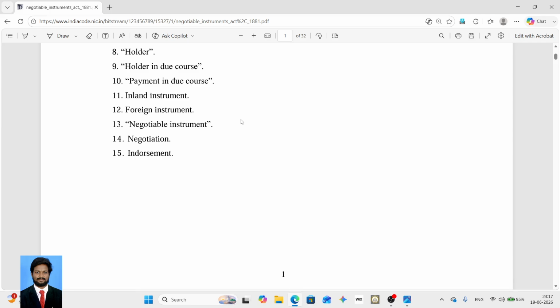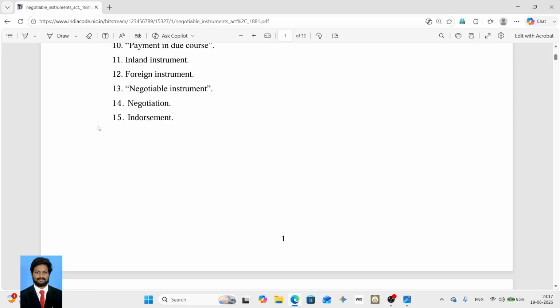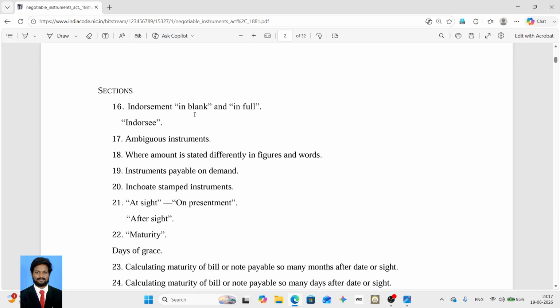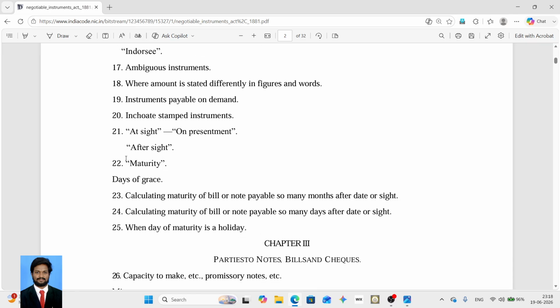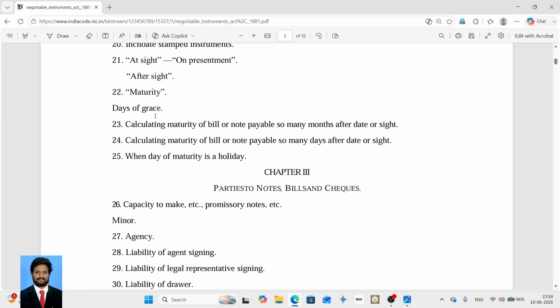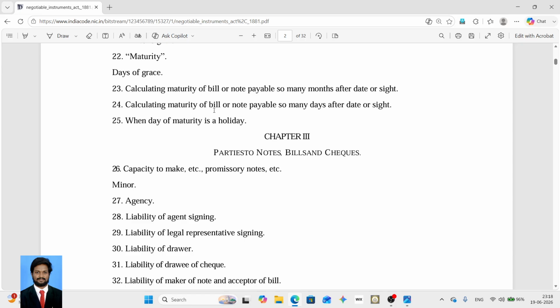It is one of the important sections in this act. 14, negotiation. 15, endorsement. 16, endorsement in blank and in full, endorsee. 17, ambiguous instruments. 18, where amount is stated differently in figures and words. 19, instruments payable on demand. 20, inchoate stamped instruments. 21, at sight, on presentment, after sight. 22, maturity, days of grace. 23, calculating maturity of bill or note payable so many months after date or sight. 24, calculating maturity of bill or note payable so many days after date or sight. 25, when day of maturity is a holiday.